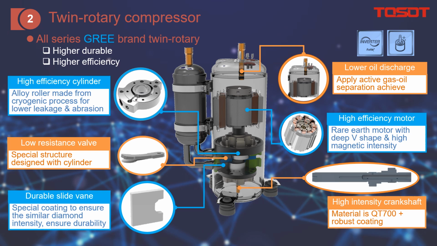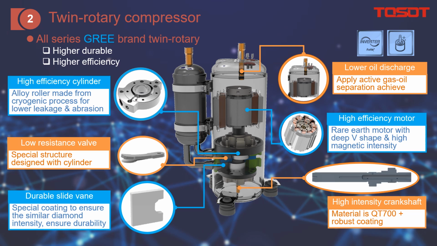For example, here is the compression chamber. This is the roller. It is an alloy roller made with a chlorogenic process for lower leakage and abrasion. This valve is for the gas to discharge, with a special structure to lower the resistance.